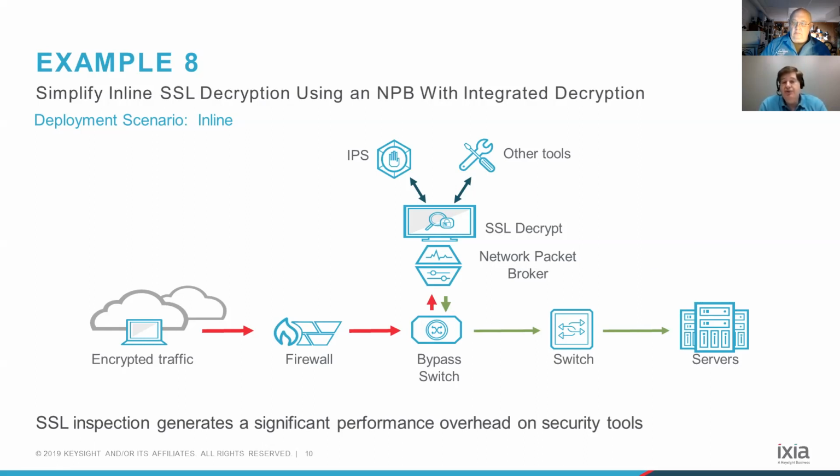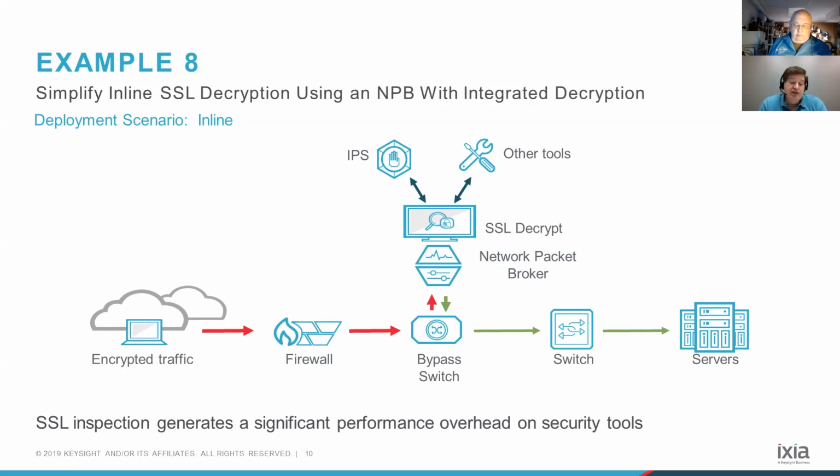But either of those two use cases is definitely better than doing decryption within the IPS or the other security tools, because for one thing, you're going to get a significant performance hit, and that's what I mentioned at the bottom of the slide.